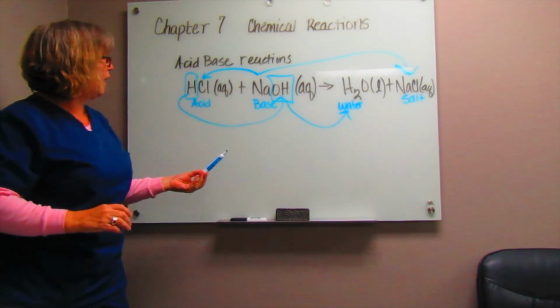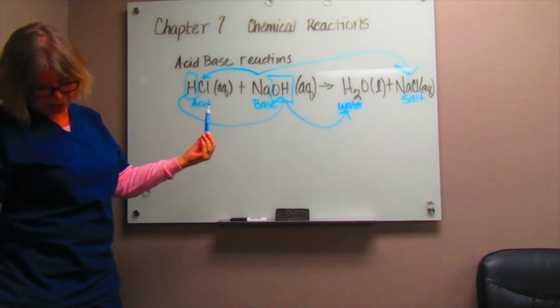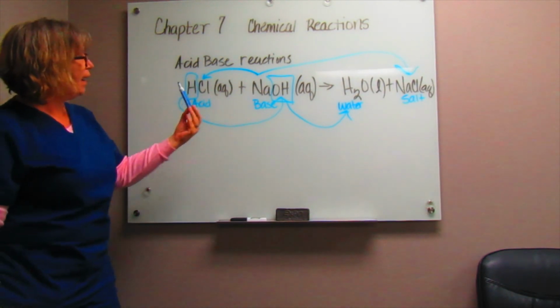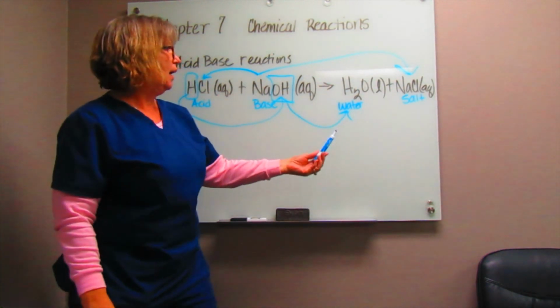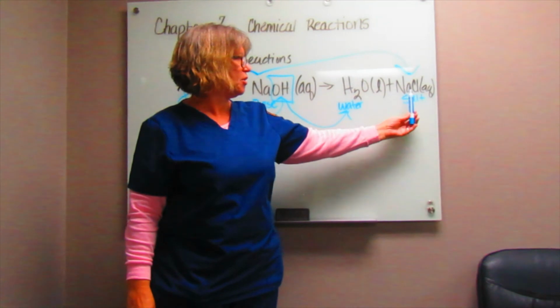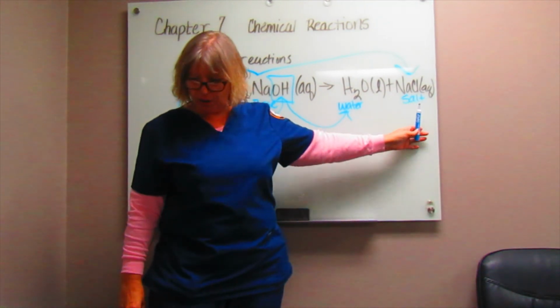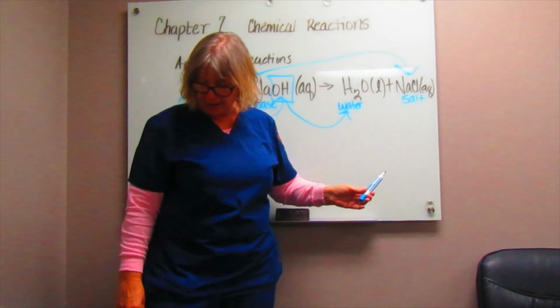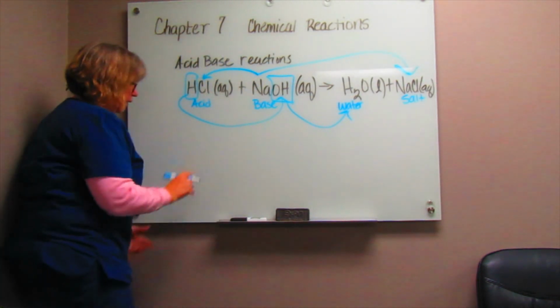Now, acid-base reactions are also called neutralization reactions because they generally form water and an ionic compound. And so salt, in this case, the sodium chloride, is the ionic compound. Another acid-base reaction would be this one.